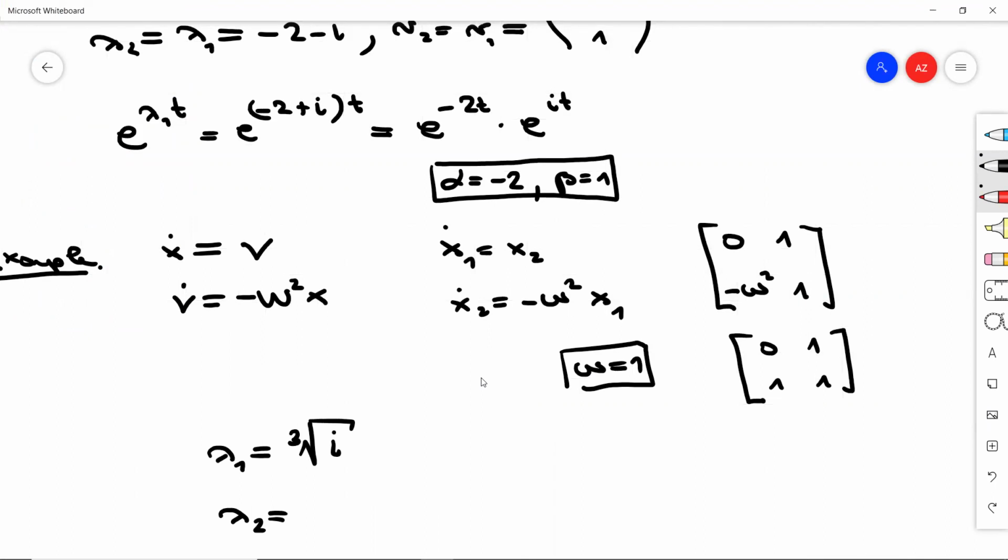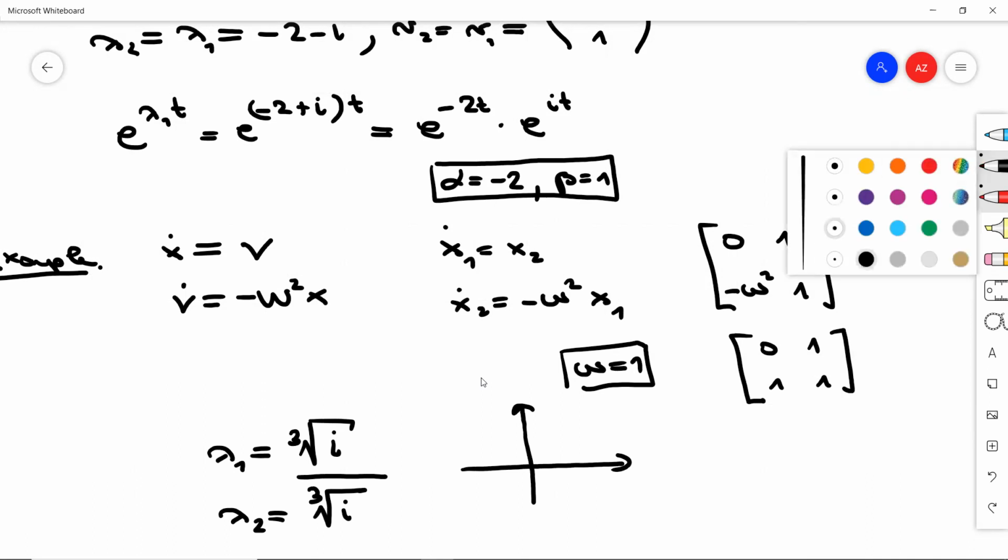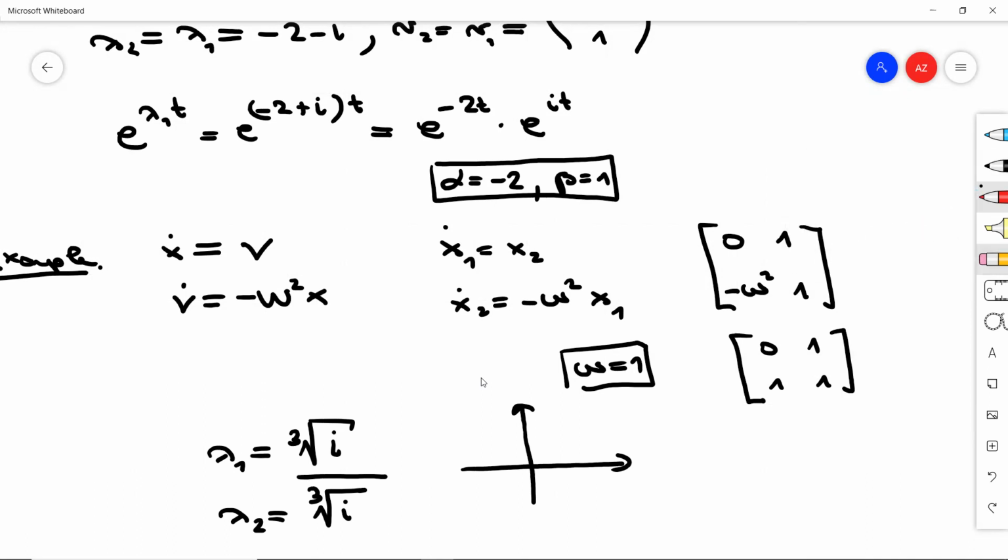So it's the third root of -1, and the third root of -1 conjugated. This is -1, 1, third root of -1.